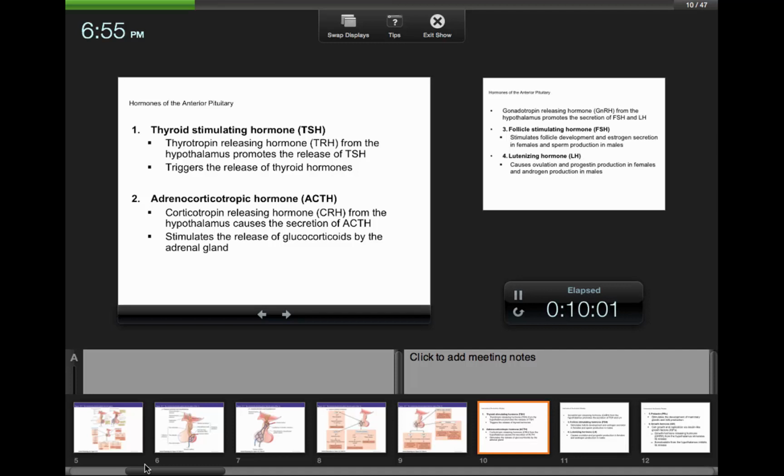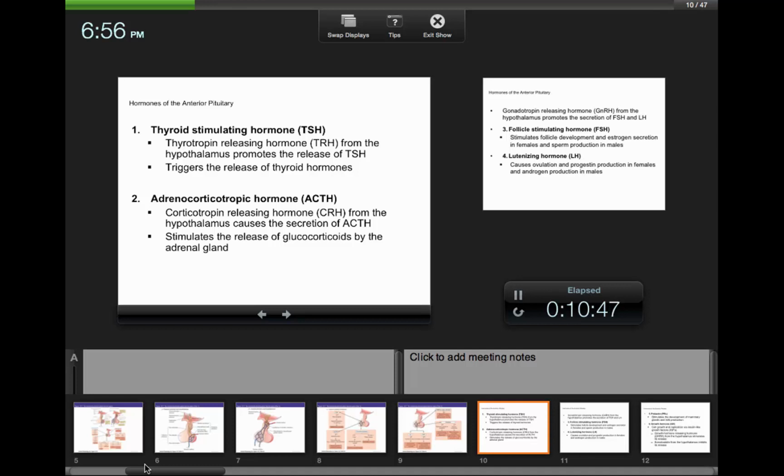Okay, so let's do the sex hormones. Hypothalamus, gonadotropin releasing hormone. That triggers the anterior pituitary to release follicle stimulating hormone, or FSH.